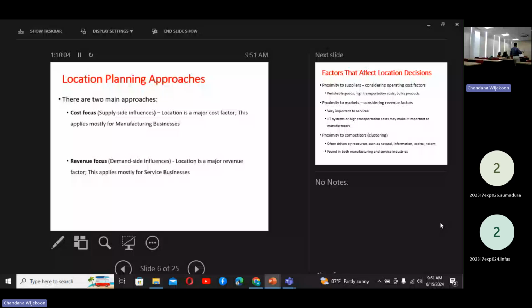Towards Kerala. So let's see, at least in hospitality, what factors they might have considered when selecting the location.